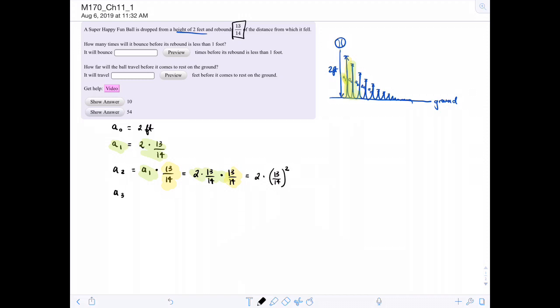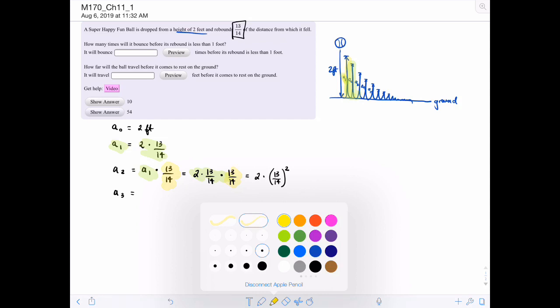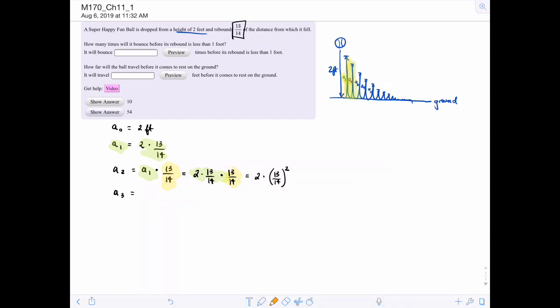But if I did A3, that would be whatever distance A2 went and 13/14 of that distance. So this would just be whatever distance A2 went times the 13/14. But let me rewrite that with what A2 is.